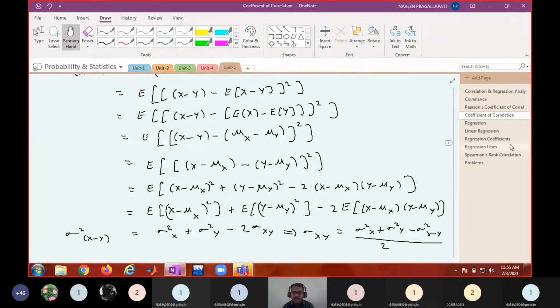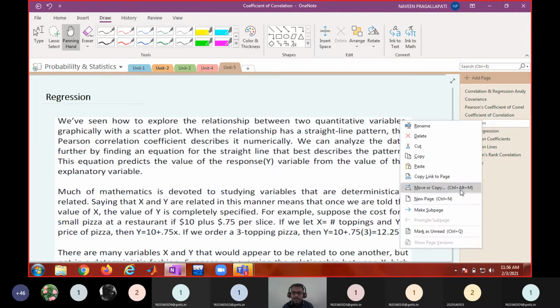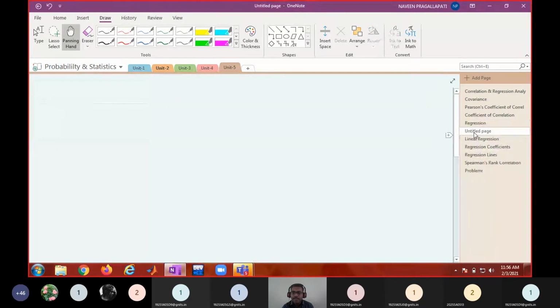Okay, I'll just insert one more page. Therefore, we know r equals sigma xy by sigma x into sigma y. What is sigma xy now?